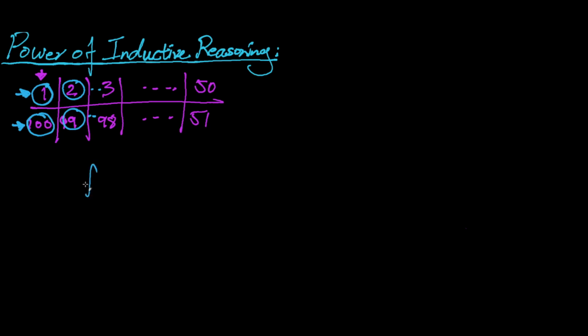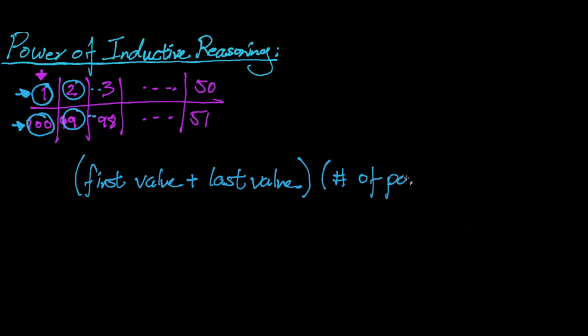The first value of the series plus the last value, we add them together, and then we multiply by how many pairs there are.